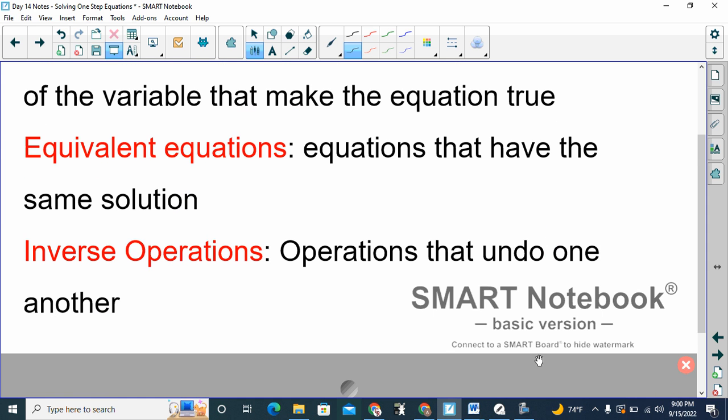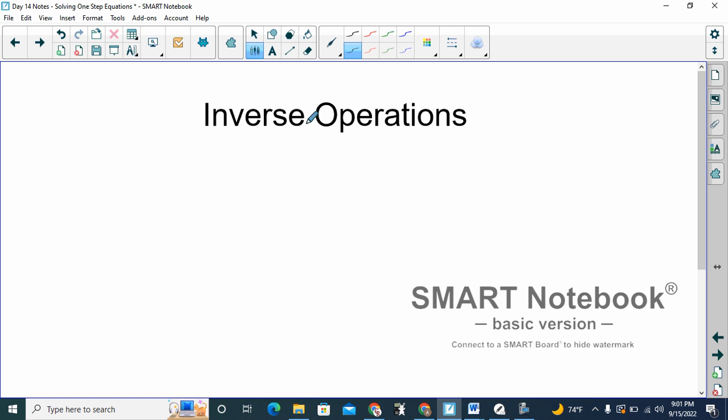And inverse operations. Remember, operations are things you do with numbers, adding. You could subtract them. You could raise them to an exponent. You can multiply them, divide them, root them, square root them, or cube root them. Inverse operations are two operations that undo one another. Some examples of inverse operations, ones that you are familiar with, are addition and subtraction.